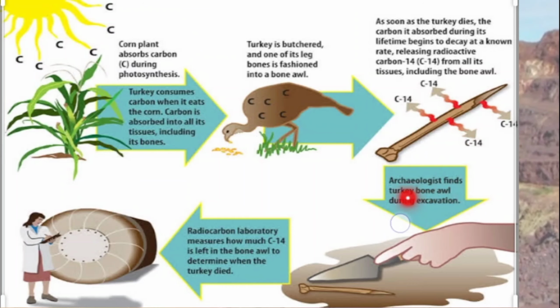Archaeologists find the turkey's bone owl during excavation and put it in the radiocarbon laboratory, wherein the laboratory measures how much carbon-14 is left in the bone owl to determine when the turkey died, and this will be their basis to determine how old the turkey is.